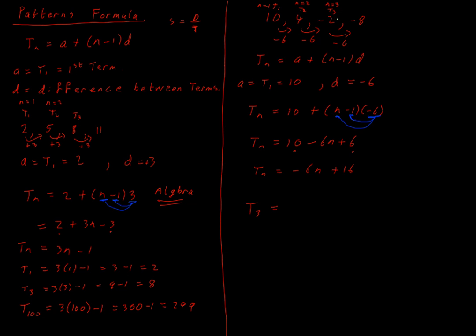I know that I should get minus 2. Let's see if I do. I have minus 6 multiplied by 3 plus 16. Minus by plus is minus, 6 by 3 is 18, plus 16 is equal to minus 2. So I can see that I have a rule that gives me any number in my list, which can be very useful if I need to figure out important stuff in my list.